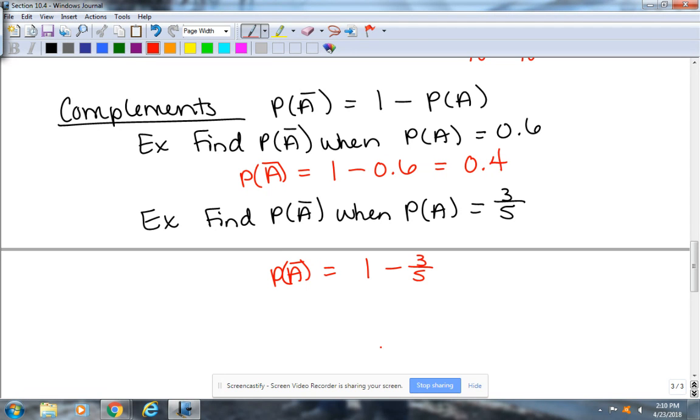Well, common denominators help a little bit. 1 is the same thing as what over 5? 5 over 5. So 5 over 5 minus 3 over 5 equals what? 2/5. That's all you got to do. Is that terrible? Really not. That's like 4th grade math right there with those common denominators.